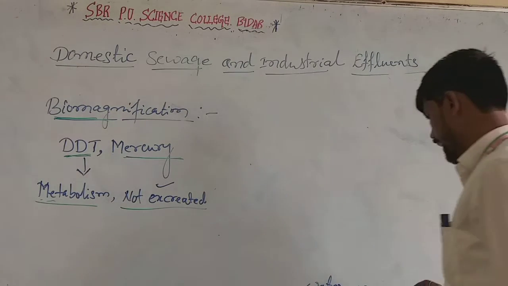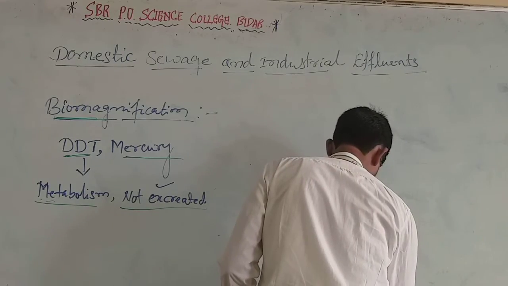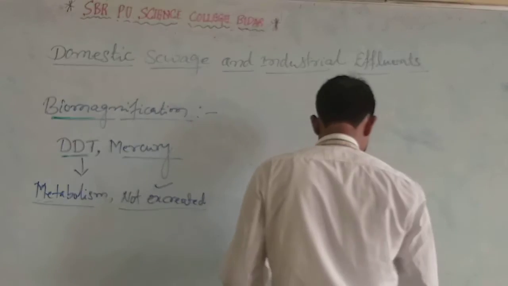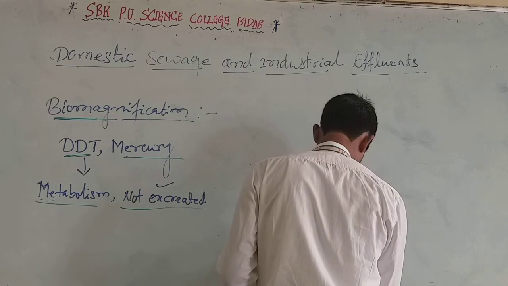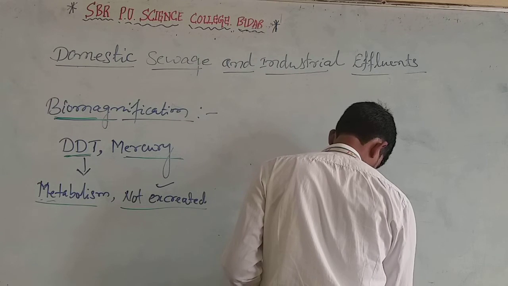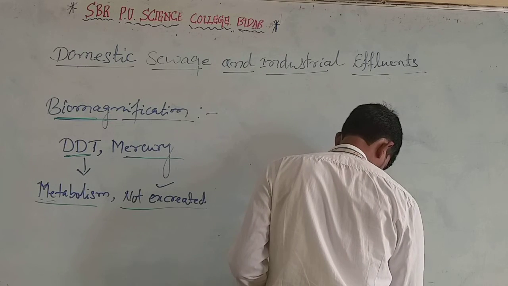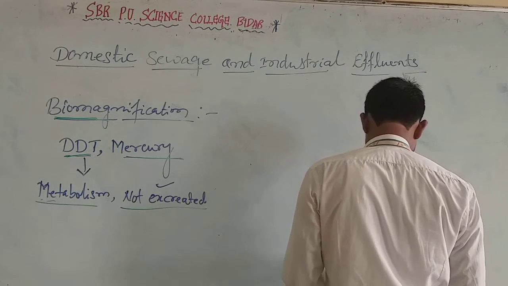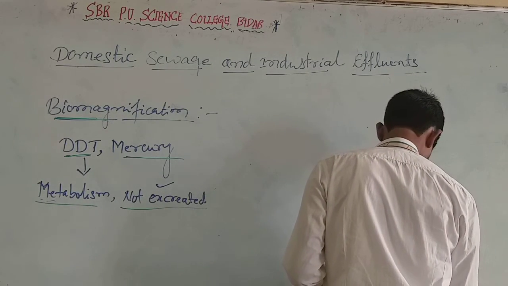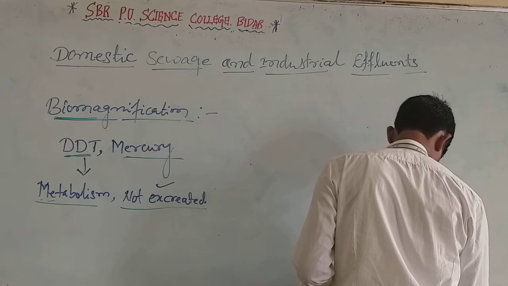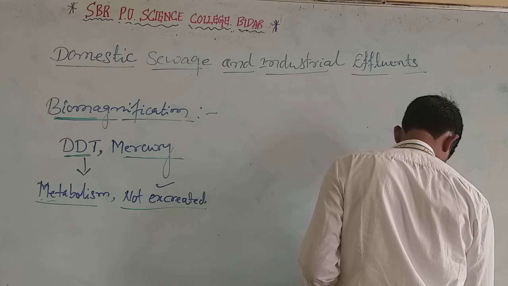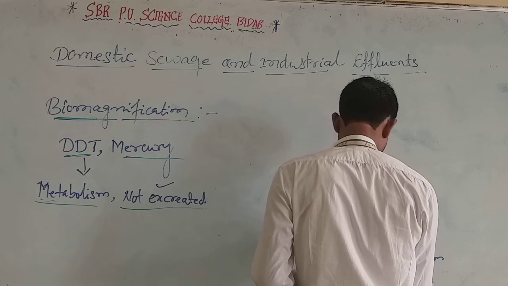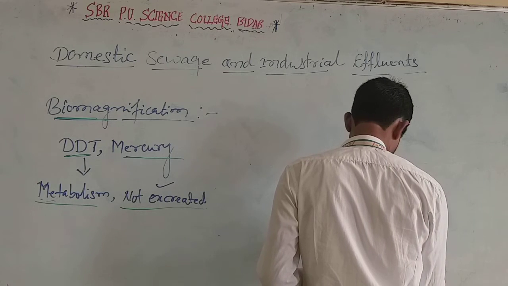Next, this is transferred to the next trophic level, zooplanktons, where DDT is 0.04 ppm. Then small fish, here 0.5 ppm.